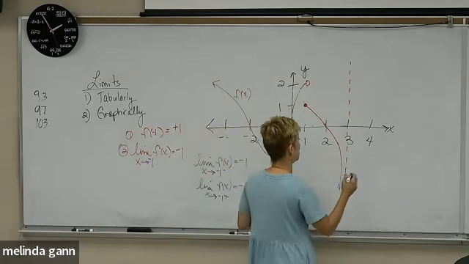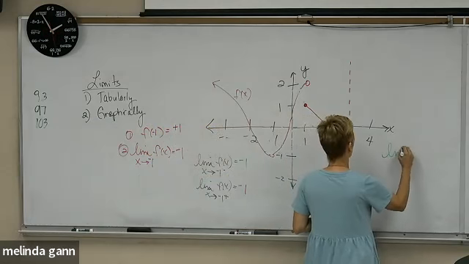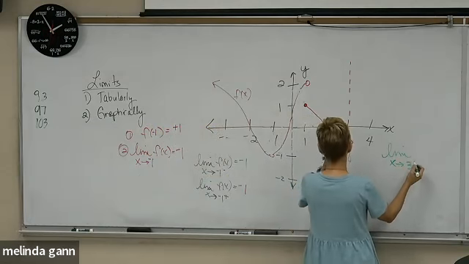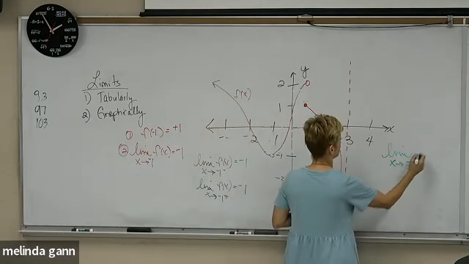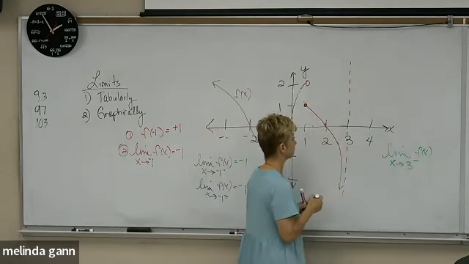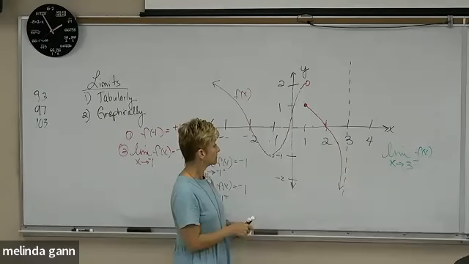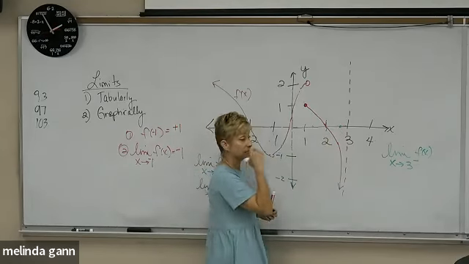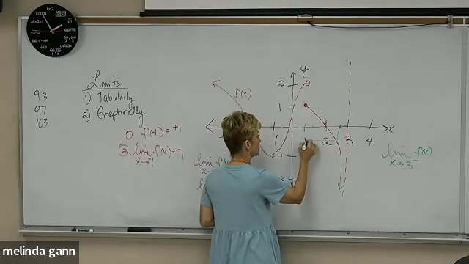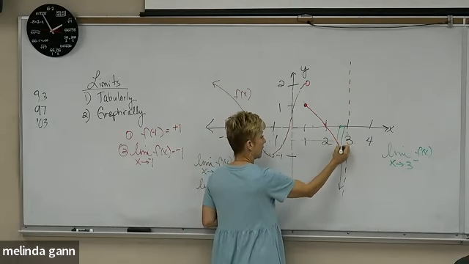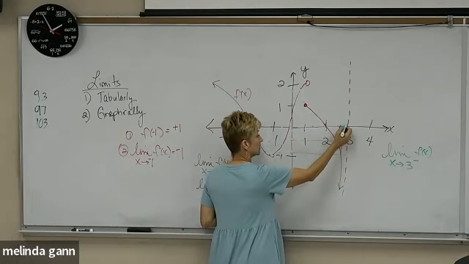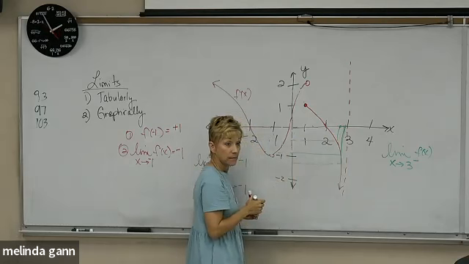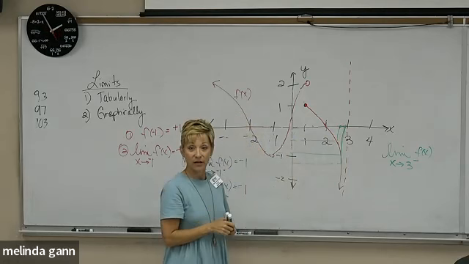Now let me ask you this. What if I ask you, what's the limit as x approaches 3 from the left side of that function? So that's pretty close, isn't it? All right, so there's about a half. That's pretty close. Ooh, now it's almost there. What's happening every time to your y values?